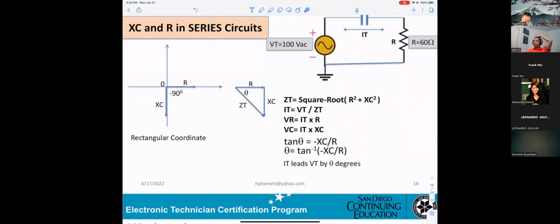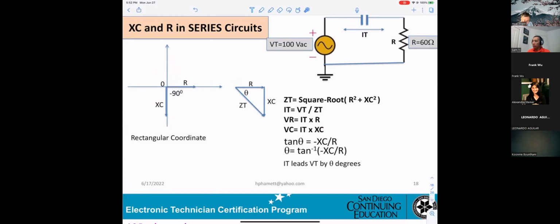Okay, so now I can draw the vectors for resistance and capacitance. First thing you see 0 here, that's 0 degrees. This going up 90 degrees, another 90 degrees, and then another 90 degrees. Okay, 270, and go back here, 360.